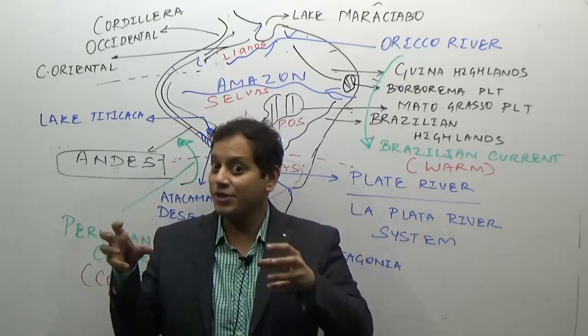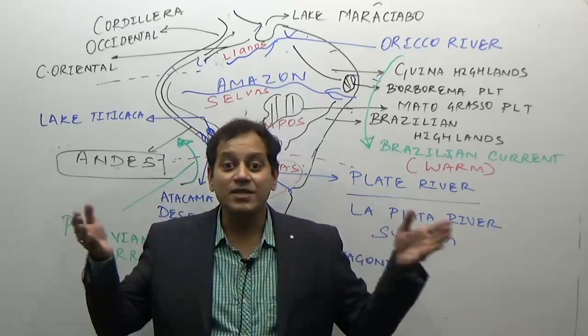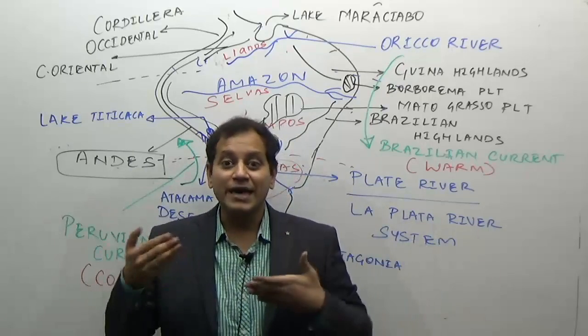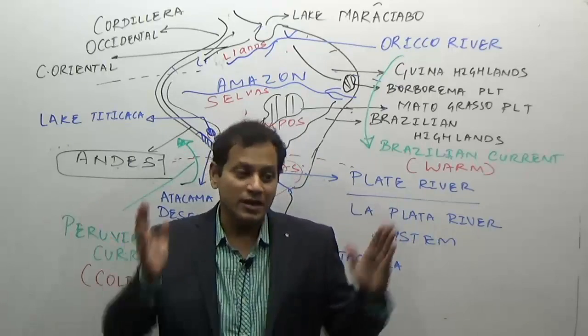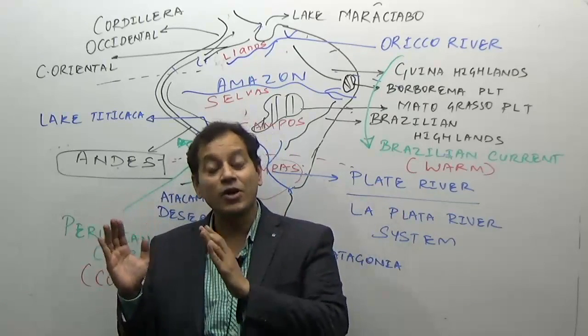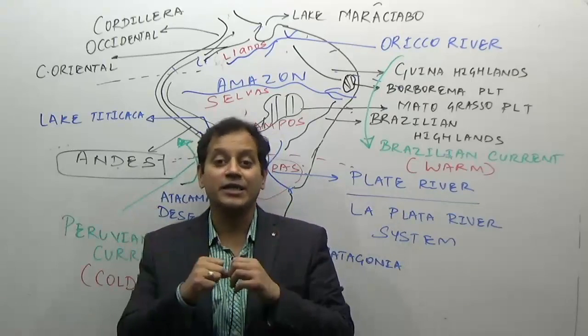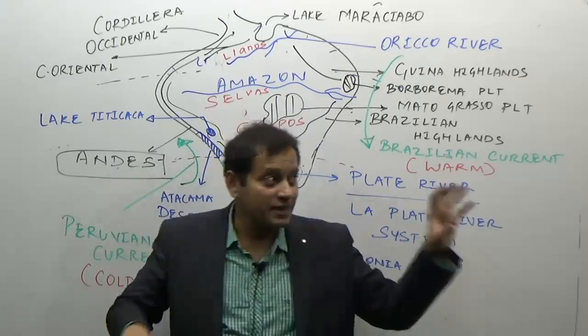Whenever there is an El Nino year, there is a fear of drought in India. This year is considered to be an El Nino year, so erratic monsoon, unequal monsoon, sometimes therefore drought. The majority of El Nino years correlate with drought in India, and therefore it is a headache for the Indian government also, that is the El Nino.